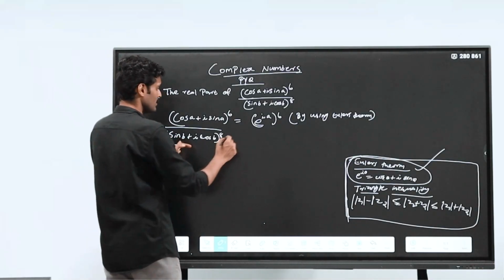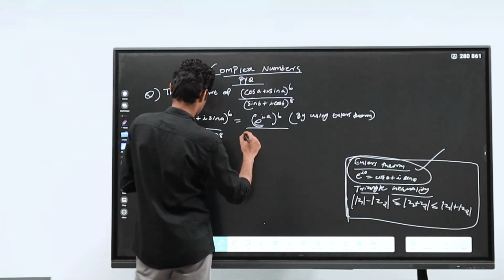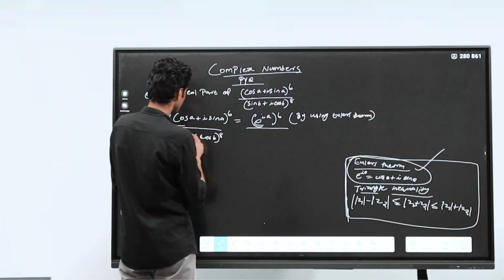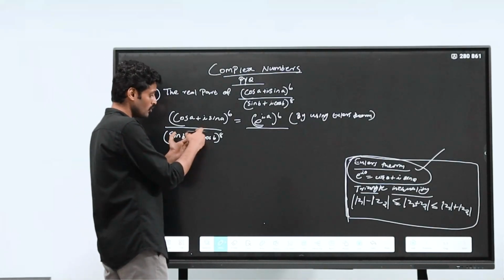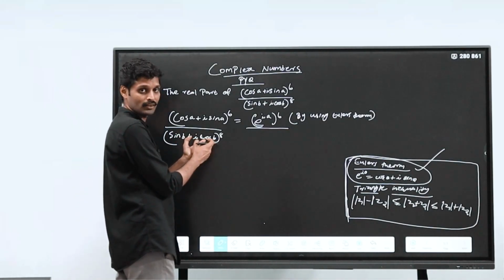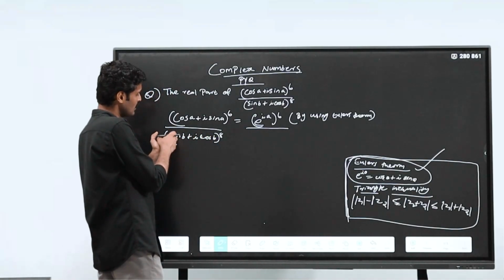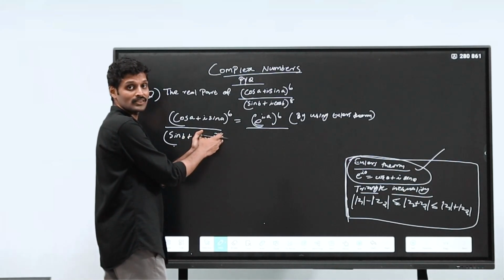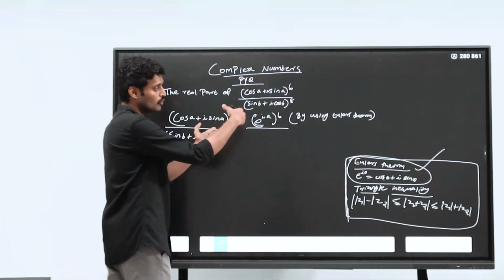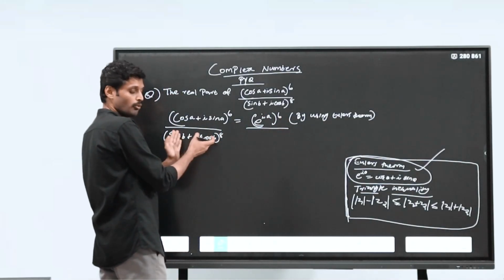We can rearrange this denominator: sin B can be rearranged in terms of cos, and cos in terms of sin. Because if we arrange it as (cos B plus i sin B) whole raised to 8, we can apply Euler's theorem again in this denominator.